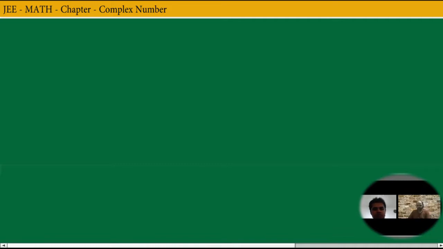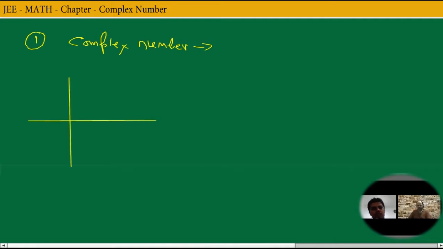First of all, if I ask you, how will you define any complex number? How can it be defined? Any idea?